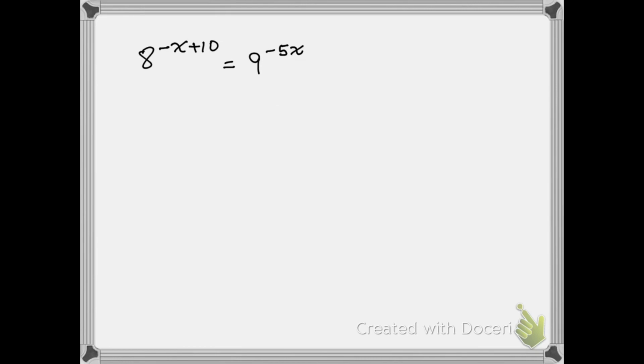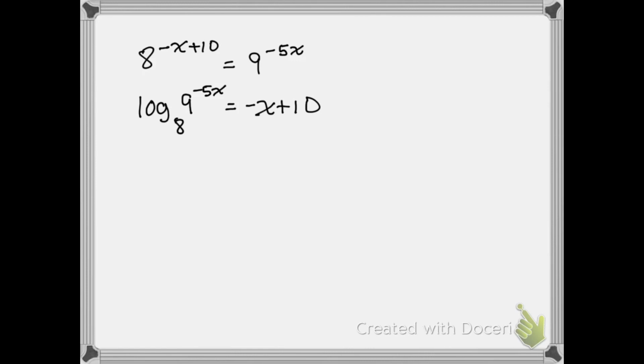Now here's a very challenging one, and let's take a look at this. We have two sides that have a variable exponent. So when I try and do my log base 8 of 9 to the negative 5x is equal to negative x plus 10.